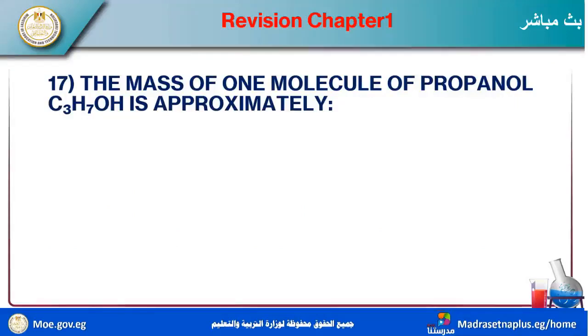The mass of one molecule of propanol. You must focus on the molecular formula of propanol, C3H7OH. Approximately how much is the mass of one molecule? I don't mean one mole, I mean one molecule. One mole's molar mass equals 3 times 12 plus 7 times 1 plus 16 plus 1.